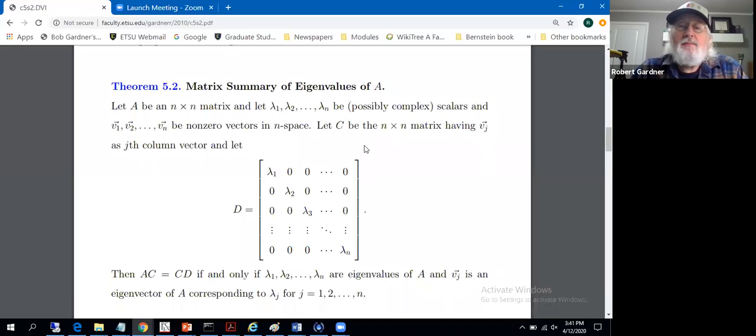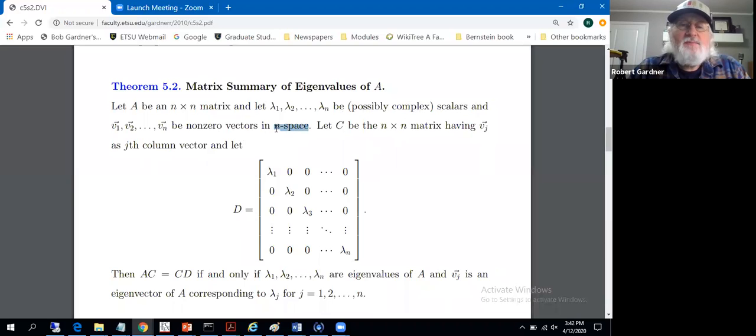We're going to make a claim about them being eigenvalues and that relating to diagonalizability. So we're taking lambda 1 through lambda n, excuse me, just to be scalars at this stage. Maybe complex. And we're taking v1 through v sub n to be vectors of n dimensions.